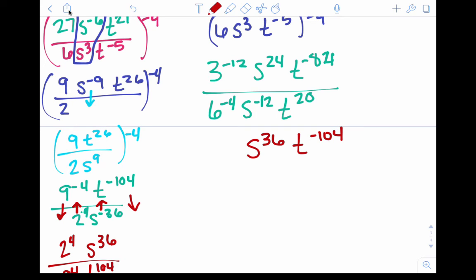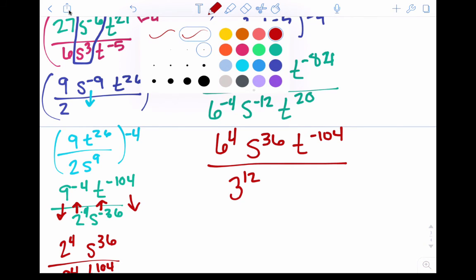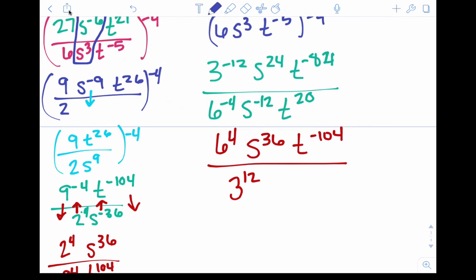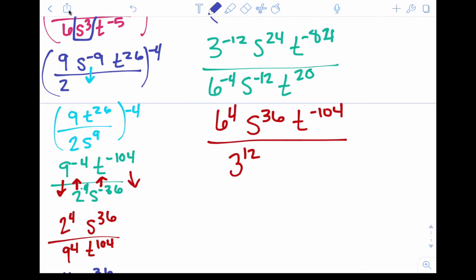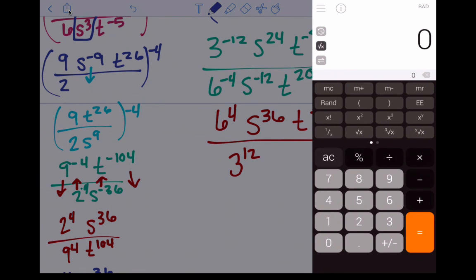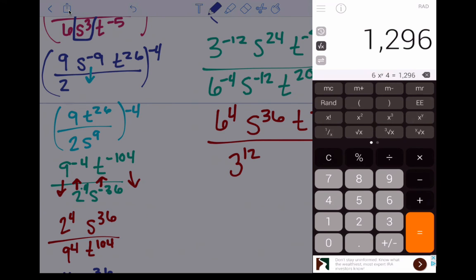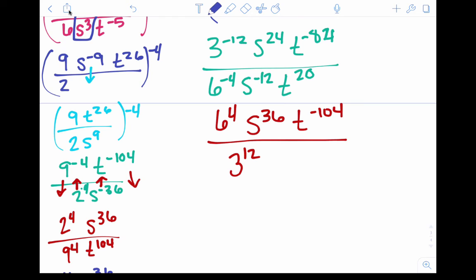And then 6 to the 4th and 3 to the negative 12th. 6 to the 4th is going to end up in my numerator. 3 to the negative 12th is going to end up in my denominator. And for this next step, now that I have them in the right spots, I will multiply those out. So I'm going to do 6 to the 4th, which is 1,296.